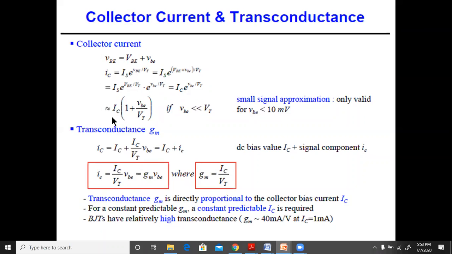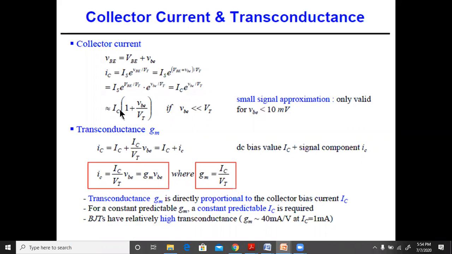Because IC is the AC value of the current, then this multiplied by IC will become the AC value of the current. IC multiplied by this will be the AC value, because we have here IC into 1 as the DC value.